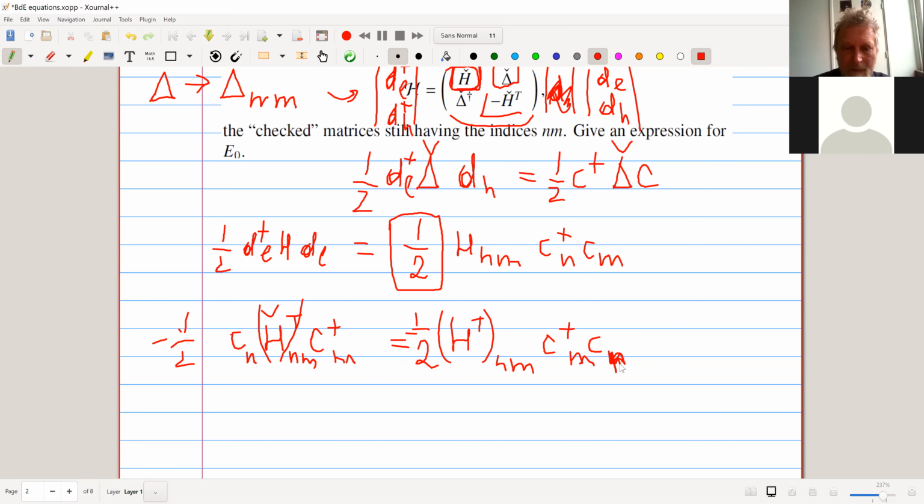So in addition to that, as in the formulation of the problem, for n equals m, I have the sum over n of minus 1/2 diagonal elements. This is the answer for E naught, which has been introduced in the formulation.